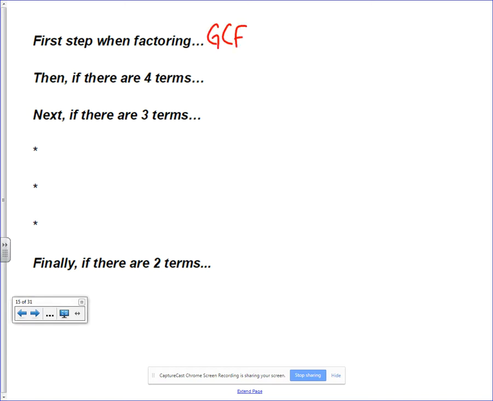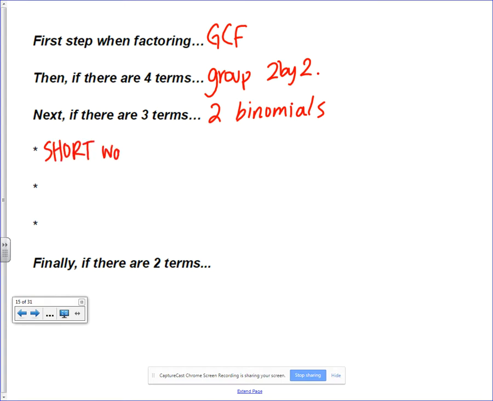If there's 4 terms, we group them 2 by 2. If there are 3 terms, you're going to make 2 binomials. You have the short way. When do I use that? We have the long way.